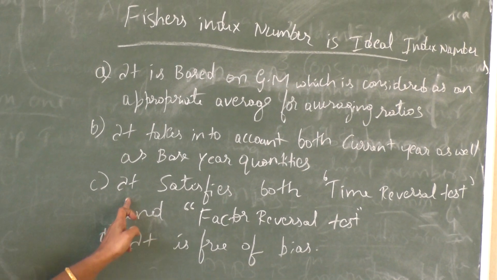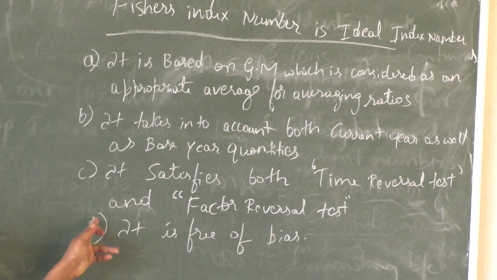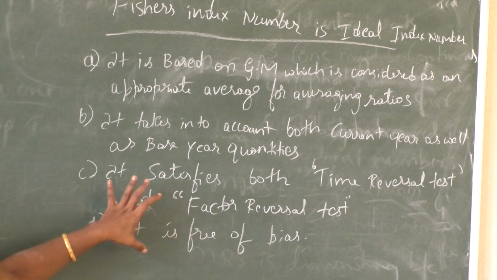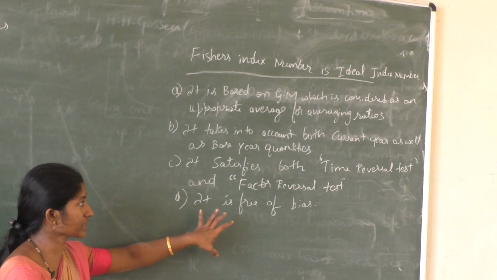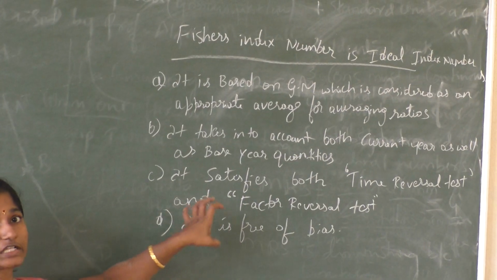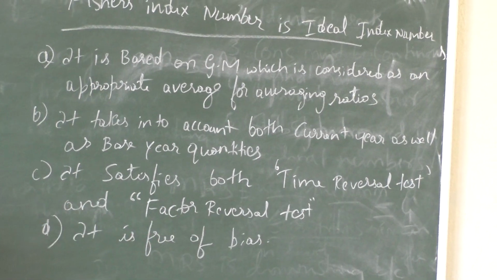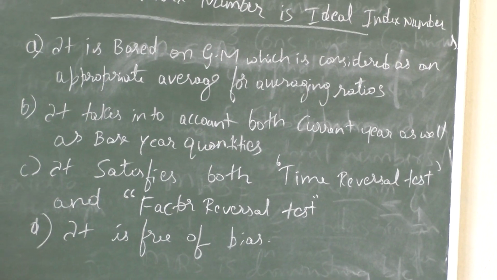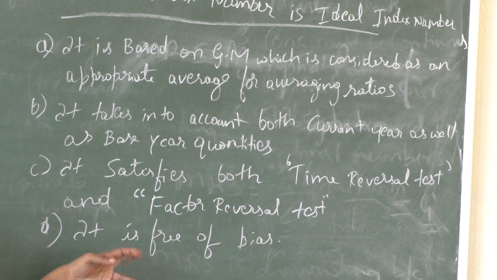Third, it satisfies both time reversal test and factor reversal test. I am giving only this much now; we will explain and solve problems for the time reversal test and factor reversal test in the next class.